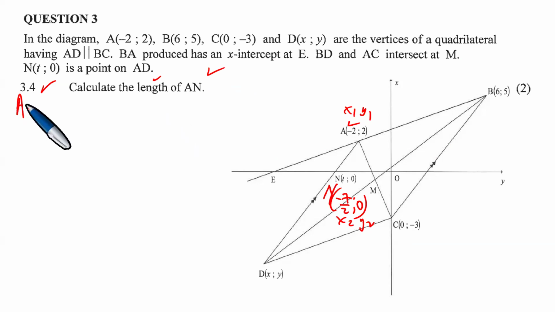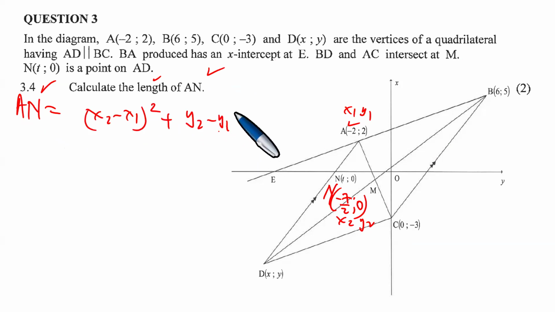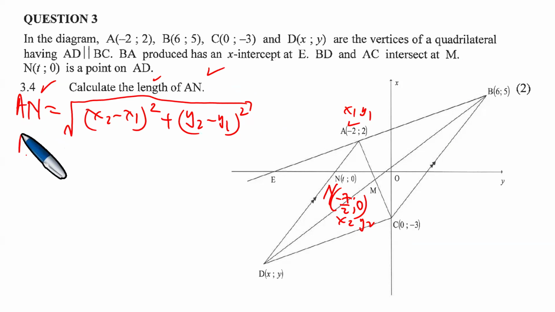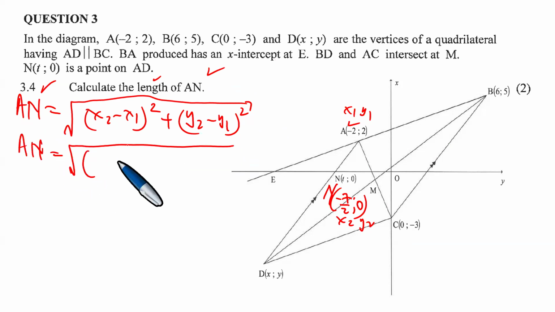So AN equals the square root of x2 minus x1 squared plus y2 minus y1 squared. You are dealing with AN, so to find the length, use the distance formula.